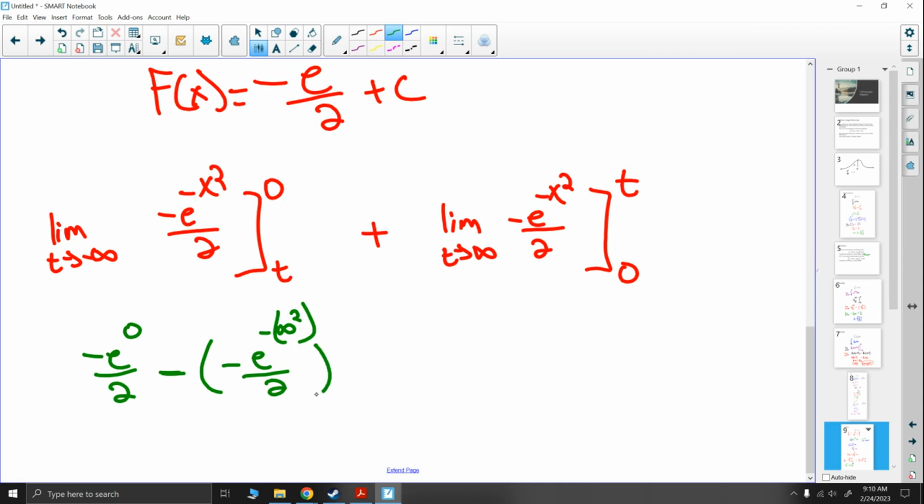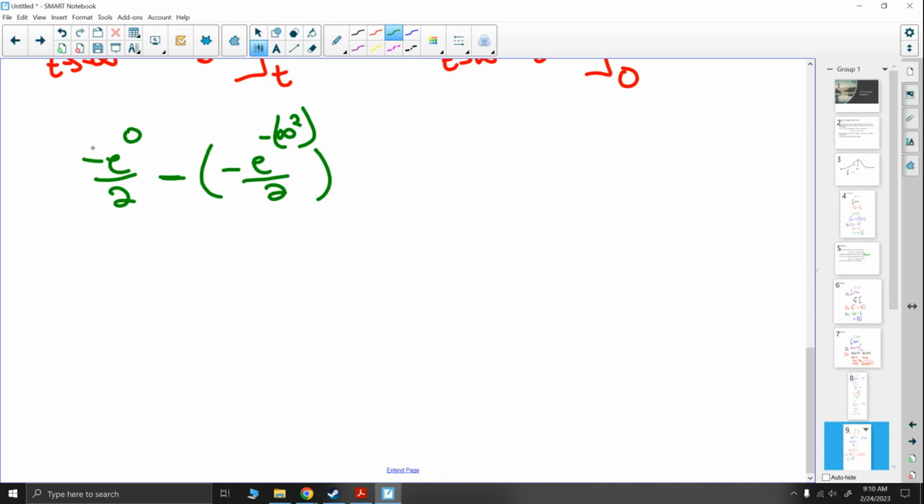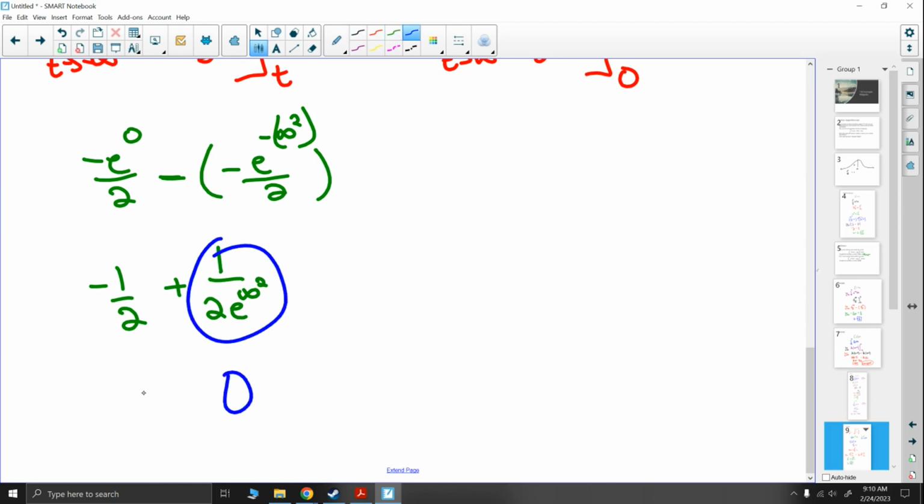So that is to say, that is negative 1 over 2 plus 1 over 2e to the infinity squared. Again, this thing here, that's just 0. So we have negative 1/2 plus 0.